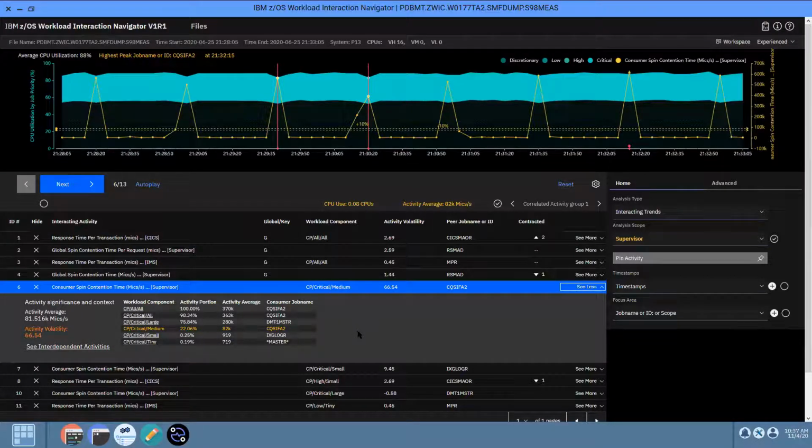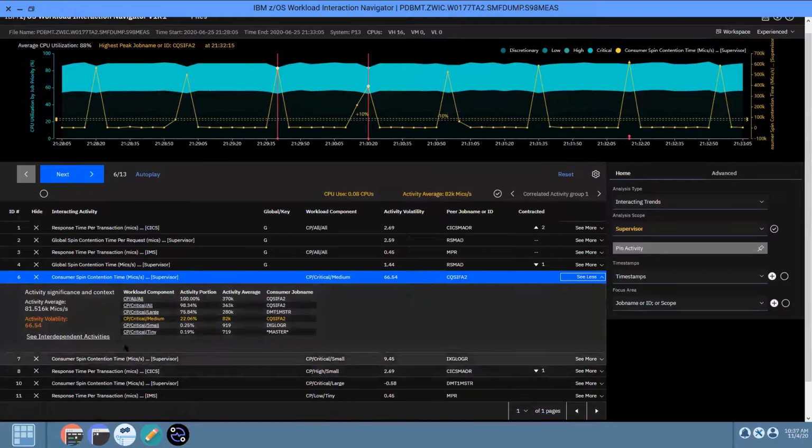where the consumer spin contention time is, and we have it broken down by workload component. So we can see for the CP all workload component represents 100% of the consumer spin contention time across all of the workload components. And then we can see CP critical all has 94% of the consumer spin contention time in the CP critical all group.